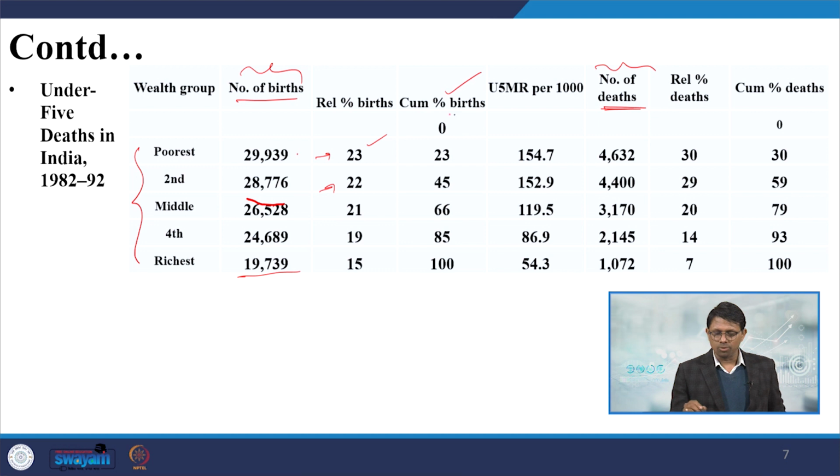Then here is the cumulative percentage of births, and another figure is the under-5 mortality rate per 1000 population. The number of deaths in total is written against the poorest, then similarly for the second poorest, etc. Then we can calculate their relative deaths and the cumulative death percentage.